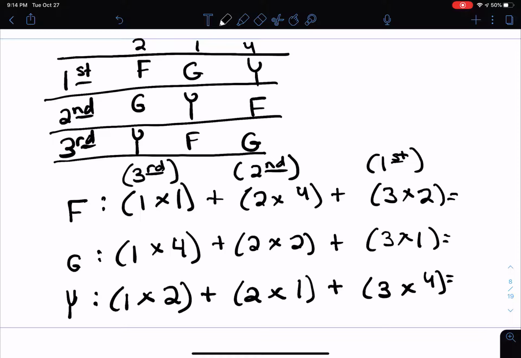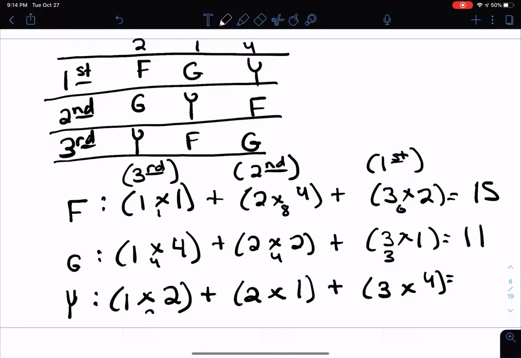So we could take how many votes it had for each place, multiply by those points, and then add up the point totals. And that'll tell us where we're at with our winner, chicken dinner. So for F, we have 1 plus 8 plus 6, which is 15. For G, we have 4 plus 4 plus 3, which is 11.